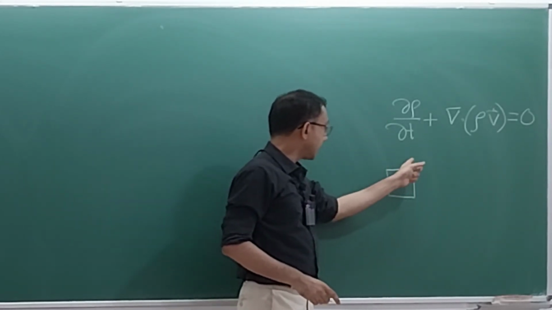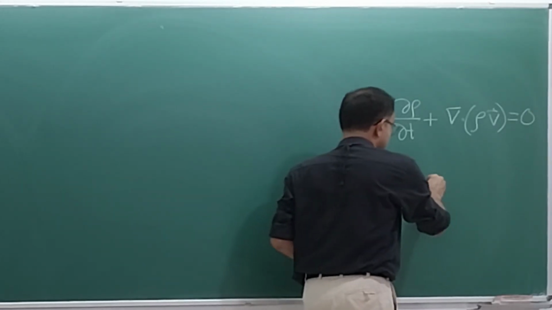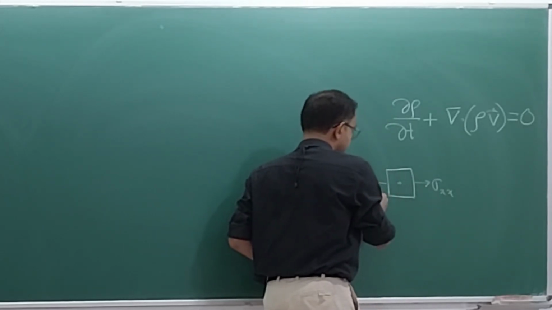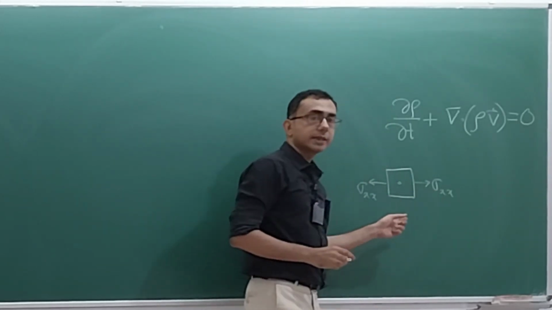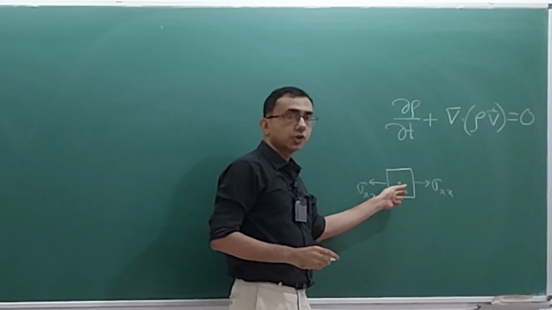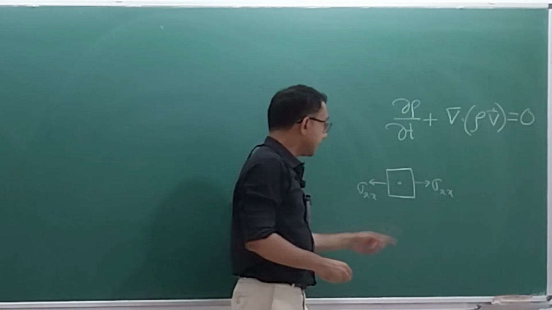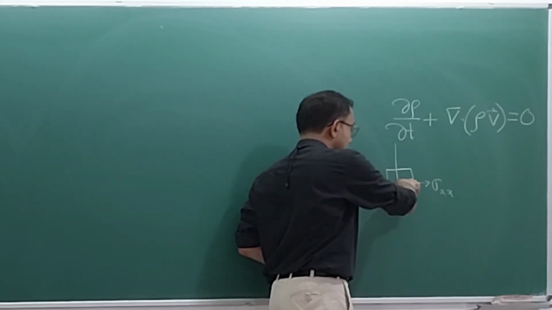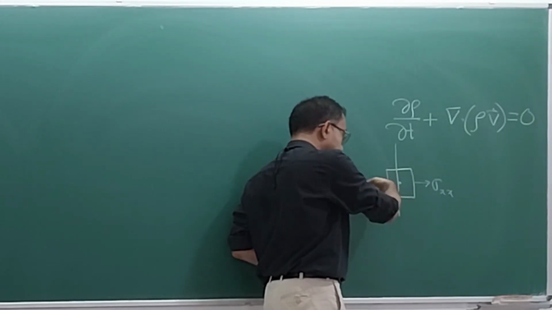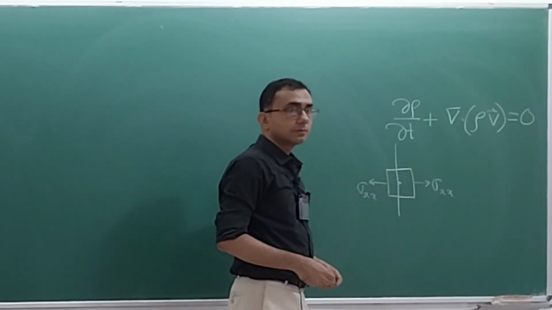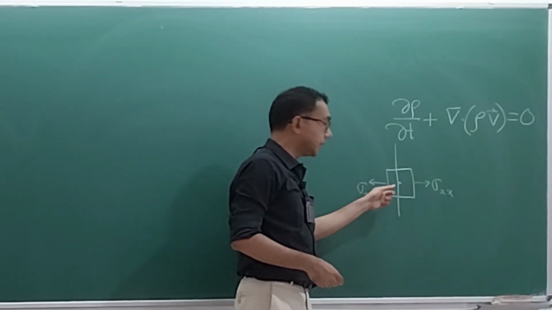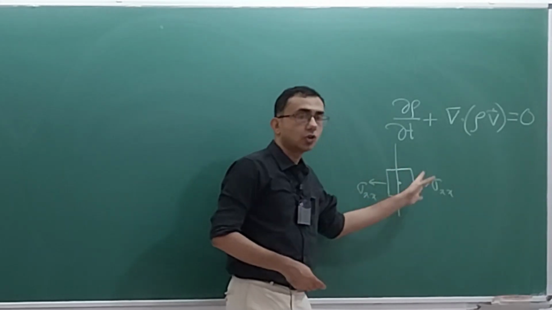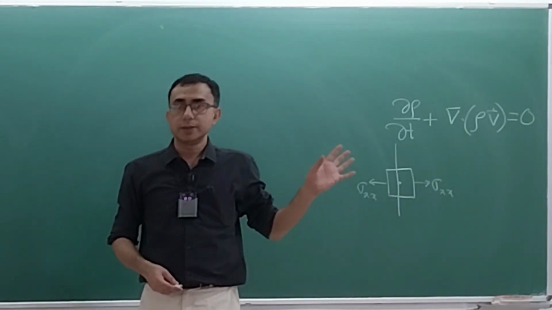So this sigma xx as well as this sigma xx is actually representing the state of stress at that point itself. What we actually mean is that there is a plane like this, and this sigma xx is on this plane, and this sigma xx is on this plane looking at this side. Because it looks very cluttered if I draw it at the same place, that's why we draw this little element and draw all the stress components around it.